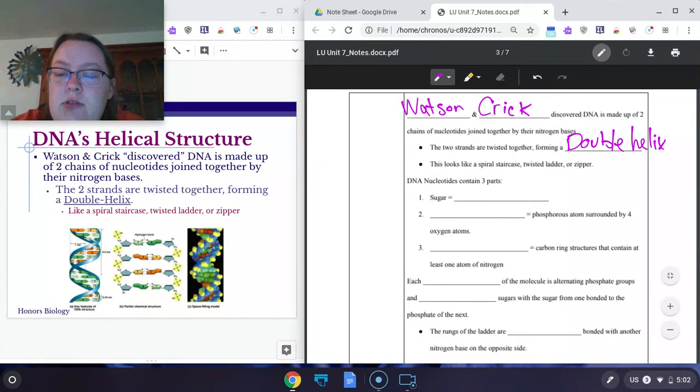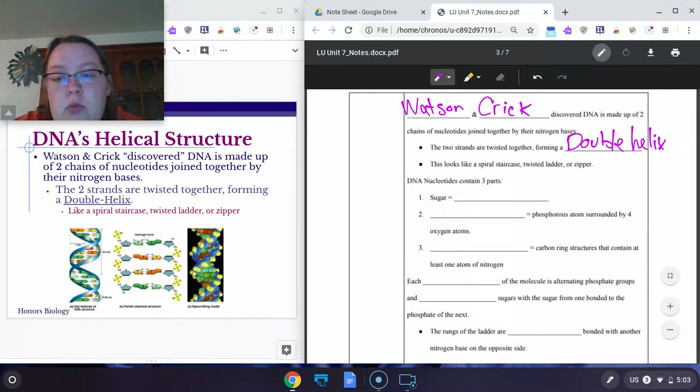Now, I'll tell you, these 2 guys, they're kind of tricky. They sat in on a secret meeting with Rosalind Franklin. And that's where they saw the images of the X-rays. And they kind of stole that and published the double helix information before Franklin could. So Watson and Crick get credit for discovering the double helix, but they didn't put in nearly as much work.